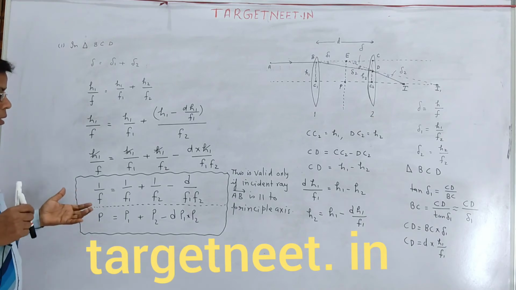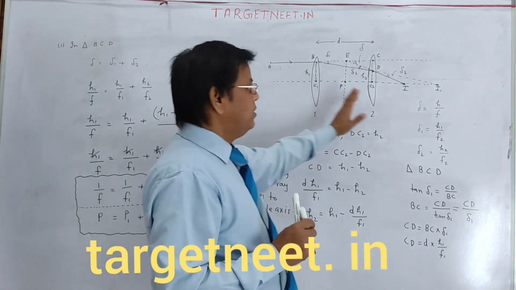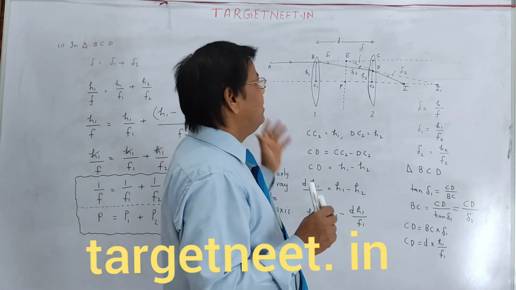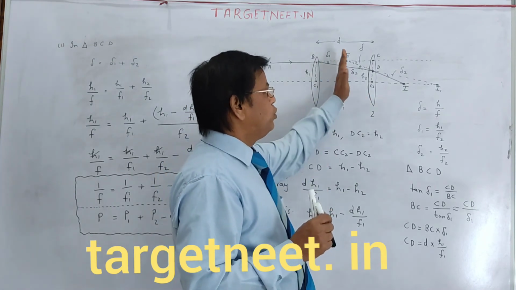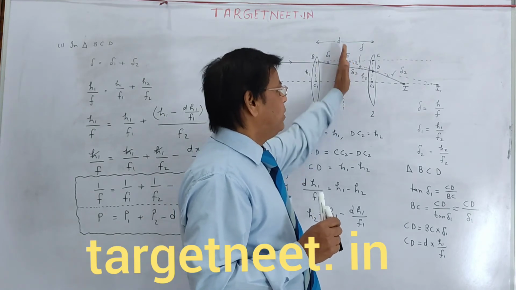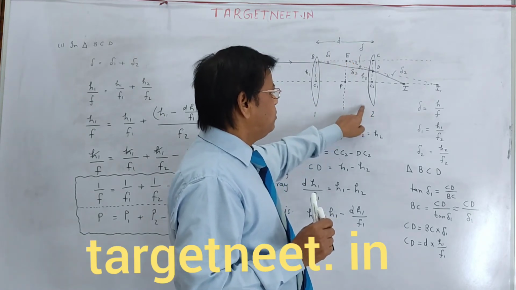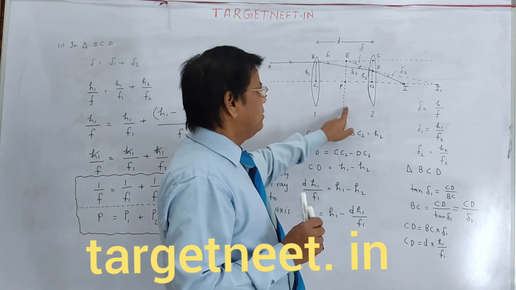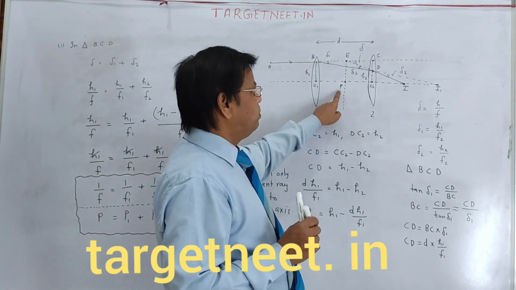You should know, if I replace these two lenses, where I have to put the equivalent of these two lenses, somewhere here. So this is the position of the equivalent lens, meaning this much distance left of the second lens, or PC2.